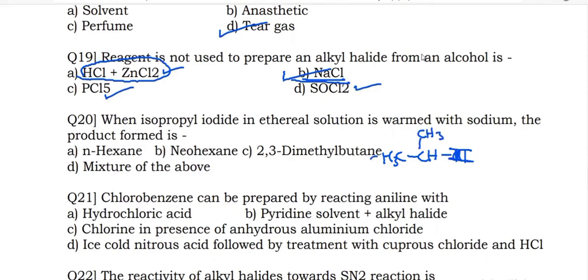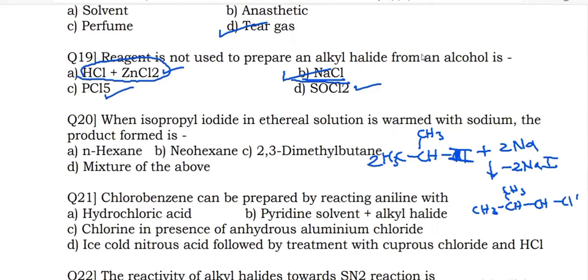When you are treating 2 moles of isopropyl iodide with sodium in the presence of dry ether, sodium combines with I and gives NaI as a byproduct. The main product you get is (CH3)2CH-CH(CH3)2. This is the main product which we obtain here.